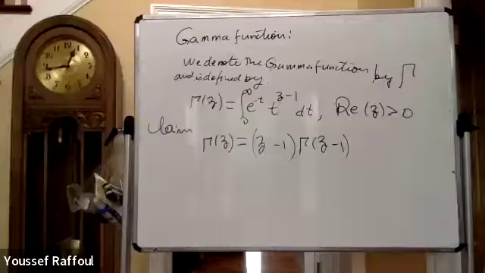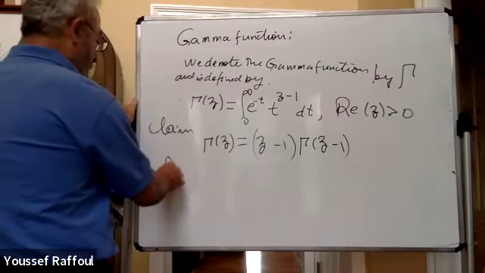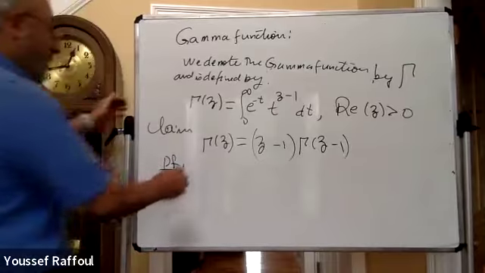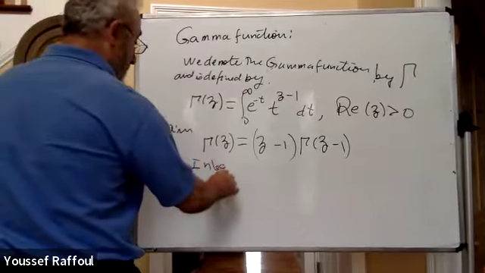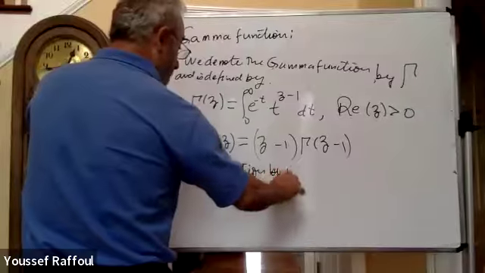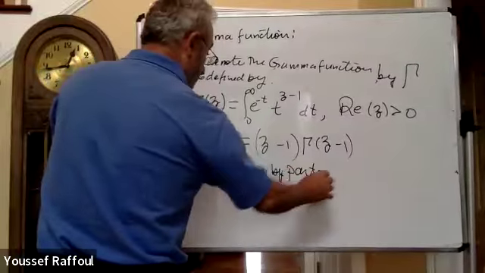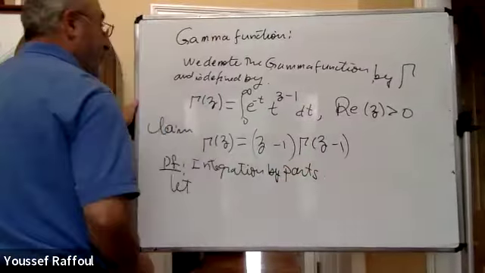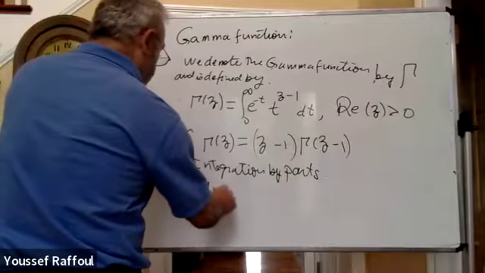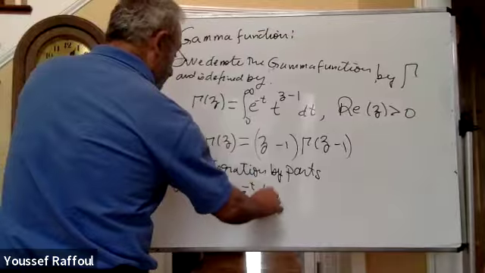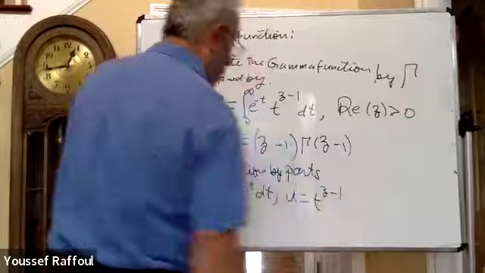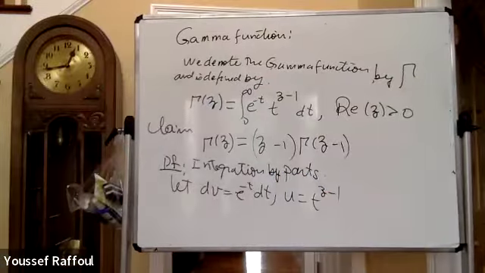All right. So the proof of the claim, when I put PF, I mean the proof, is integration by parts. We're going to let dv equal e to the minus t dt, and u is t to power z minus 1. You see that?